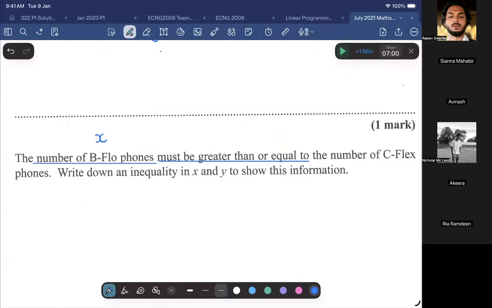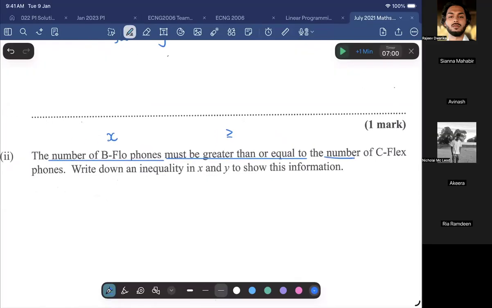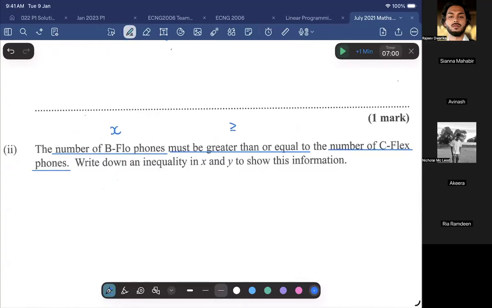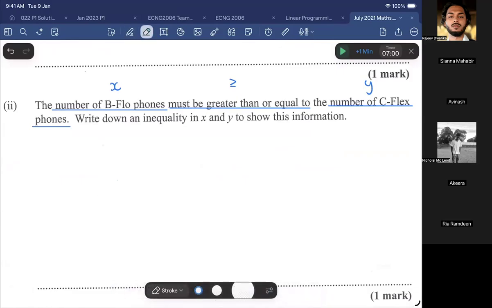More than or equal to the number of C Flex phones. What are we going to use to represent the number of C Flex phones? Y, right? Write down an inequality in X and Y to show this information. So how would I write that? Talk to me. How would I write that?